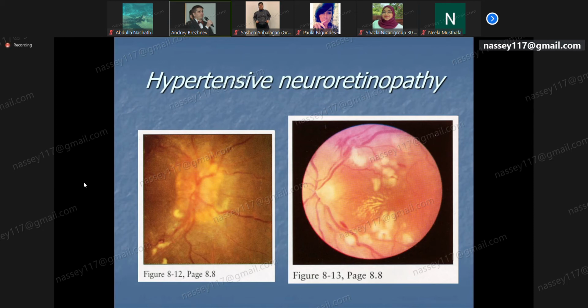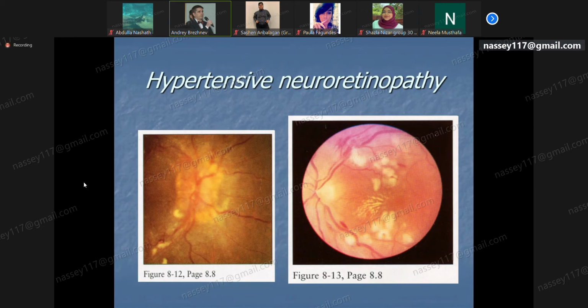Swelling of the optic nerve disc is the hallmark of the malignant phase of hypertension. So if you see the swelling of the disc and you understand that these changes are caused by hypertension, you can make a conclusion about the very poor prognosis for the patient's life, because this is unstabilized, severe systemic hypertension.